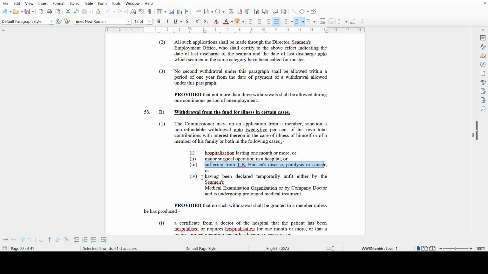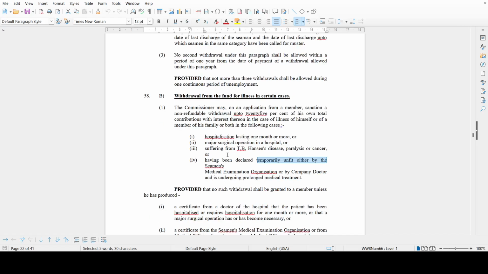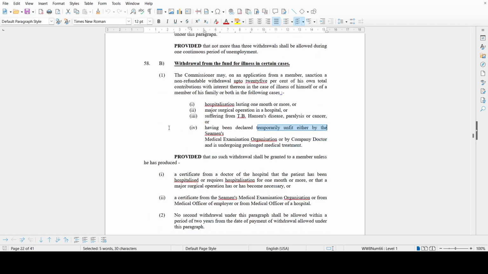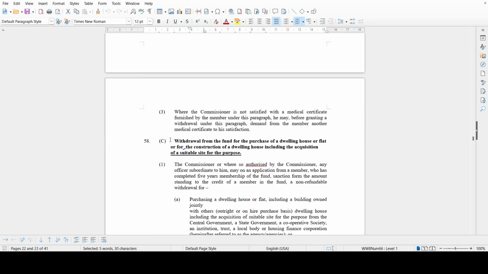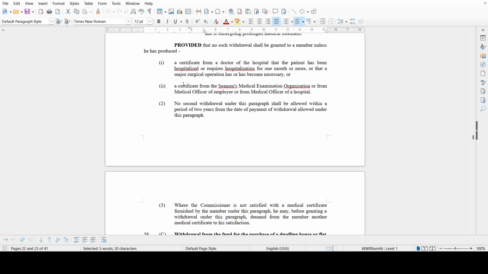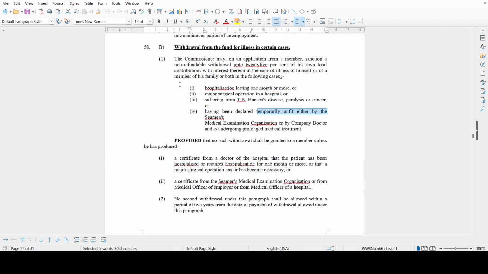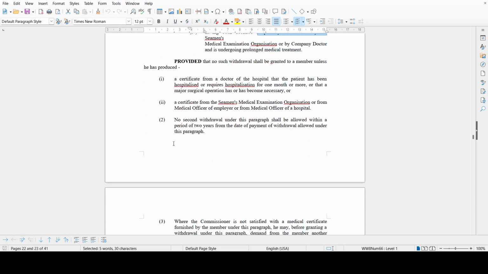Or the third condition: having been declared temporarily unfit either by the Seaman's medical examination organization or by the company doctor and is undergoing prolonged medical treatment. So this is the condition under which you can apply for the withdrawal of your Seaman's Provident Fund. Even if you're going to apply under this provision, there are a lot of rules given that you have to read before you apply.